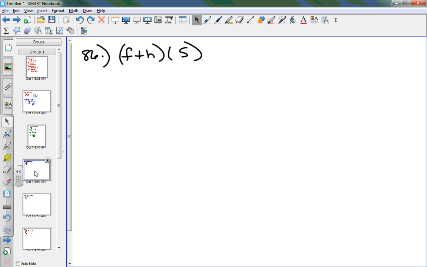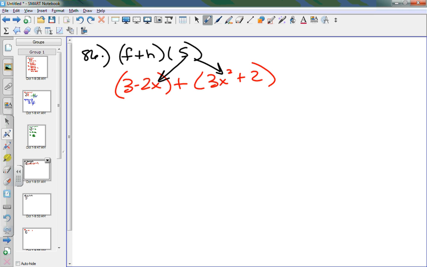Now, what is the f function? 3 minus 2x. What is the h function? Now, that is what f plus h is. What is it asking me to do? To plug in a 5. Every place I see an x, I'm plugging in 5.